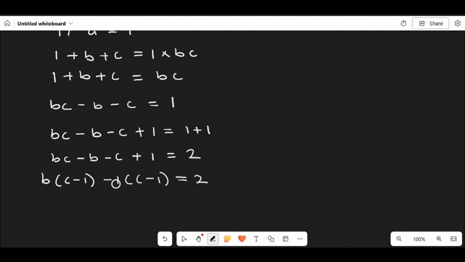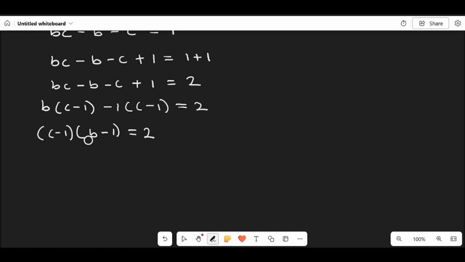Because if you use minus 1 to multiply c, we have minus c, and minus 1 multiplied by minus 1, we have plus 1. Now let us factor c minus 1 from this expression. So when we factor c minus 1, we have c minus 1 bracket b minus 1 equal to 2.